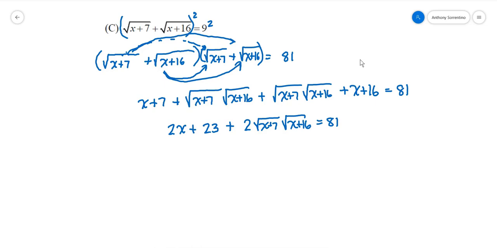I'm going to subtract 2x from both sides and subtract 23 from both sides. So I'm going to have 2 times the square root of x plus 7 times the square root of x plus 16 equaling negative 2x plus 58.